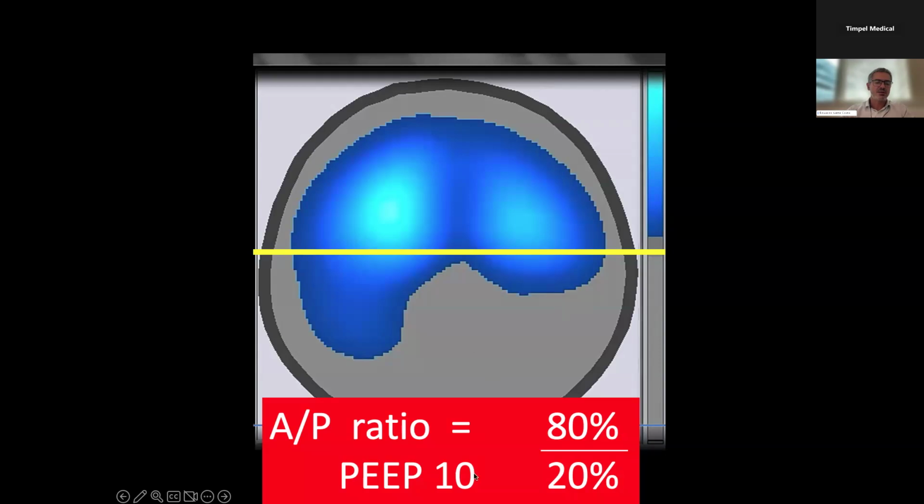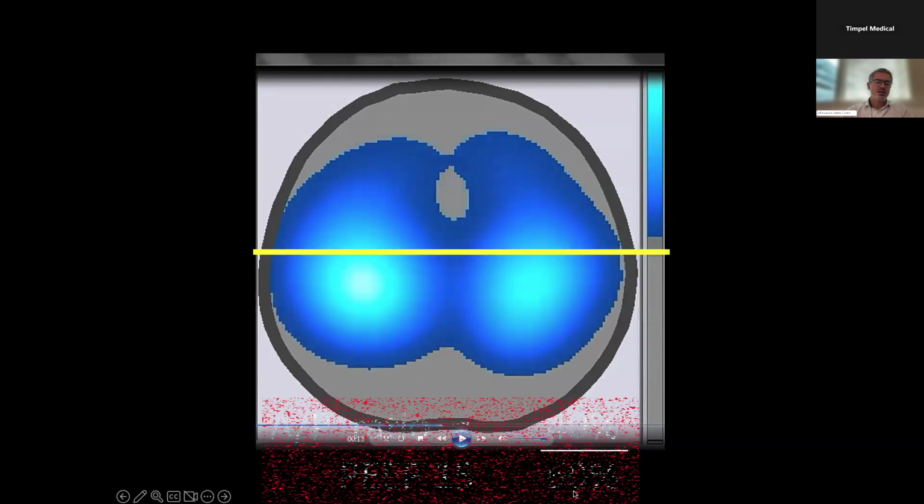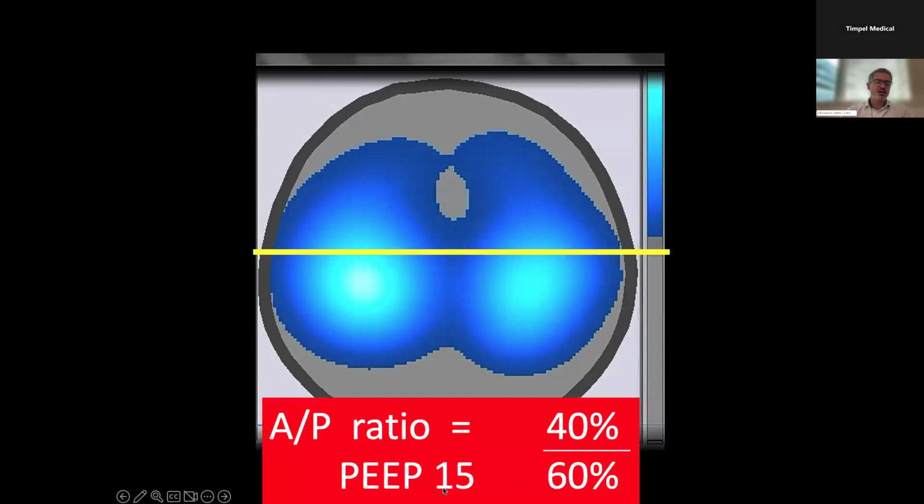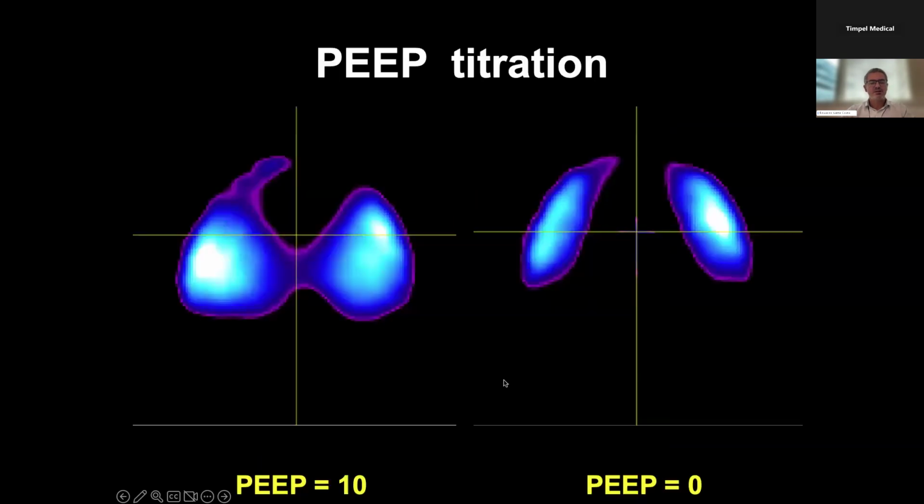For example, this is a pig with induced ARDS with a PEEP of 10, and most of the ventilation goes to the ventral regions and just 20% goes to the dorsal regions. When you change the PEEP level to 15, in this case after a recruitment maneuver, you recover the ventilation to the dorsal regions. So you now have two images with very different distributions of ventilation, and we thought that maybe we could use this behavior according to the PEEP level to estimate the amount of recruitable collapse.